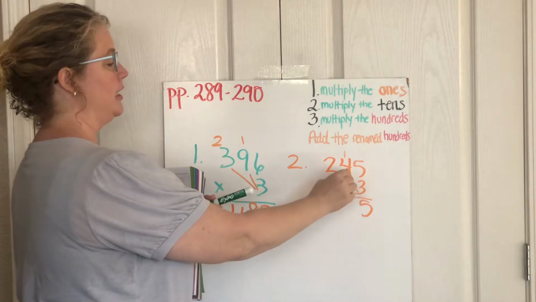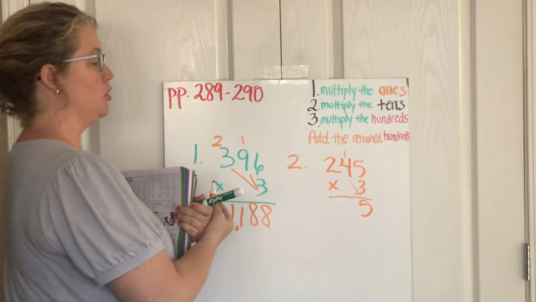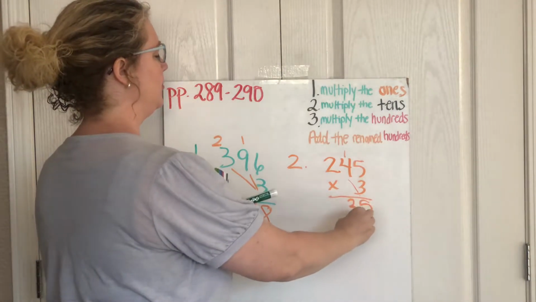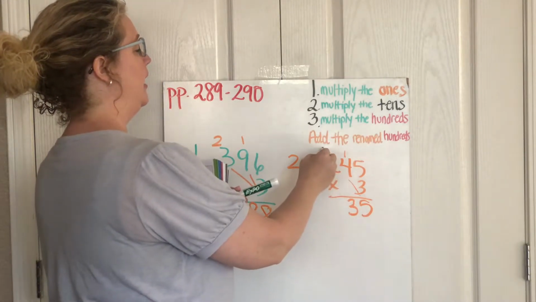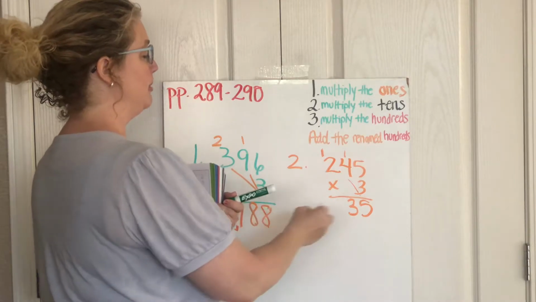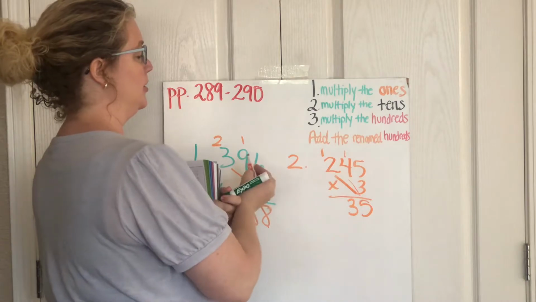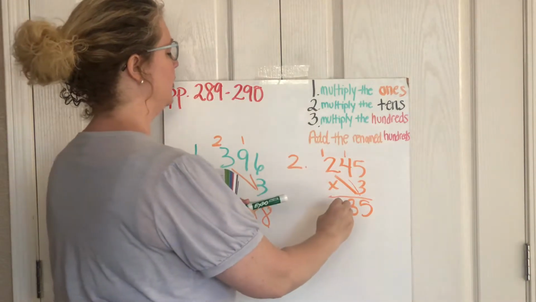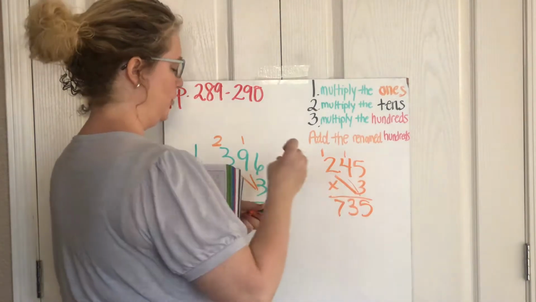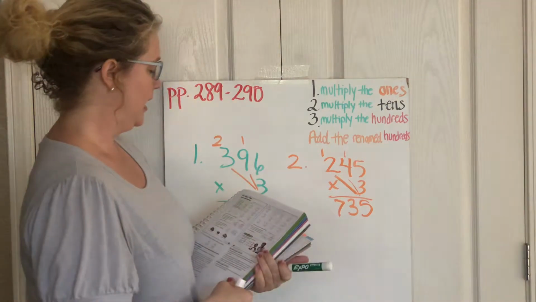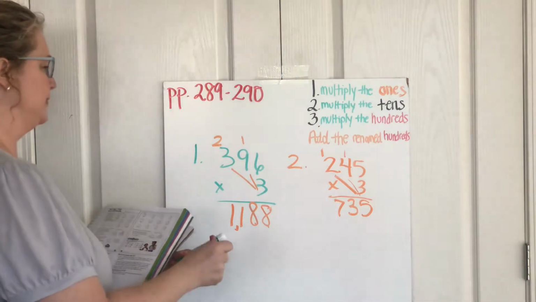Multiply the tens, 3 times 4, 3, 6, 9, 12, plus 1, 13. So I put the 3 tens here, and the 100 in the hundreds place. Multiply the hundreds. 3 times 2 is 6, plus 1, 7. I wanted to alternate the color so you can see it a little better. But the product is 735.